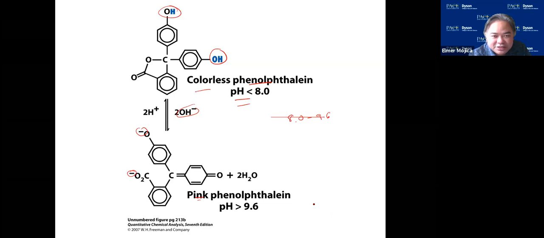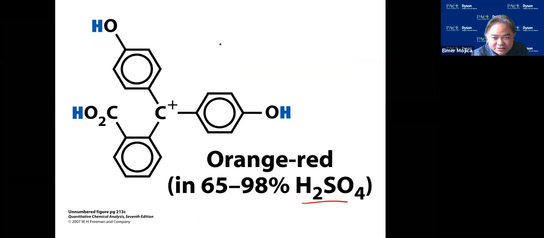As you could see here, there are 2 hydrogens present, but in the presence of sulfuric acid, you have to have 3 hydrogens present there, and your colorless solution can become orange red in terms of phenolphthalein. Okay.